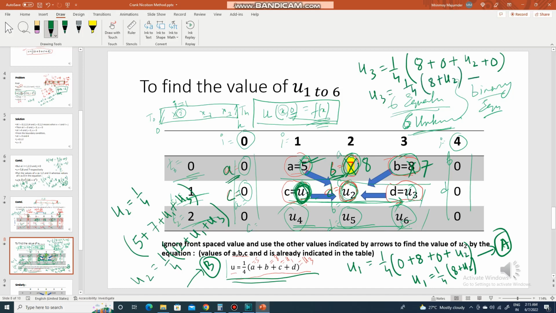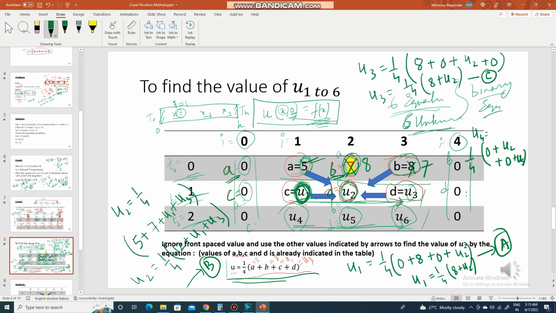So this is your equation C. And then accordingly you can find out U4. U4 is 1 by 4, then 0 plus U2 plus 0 plus U5.